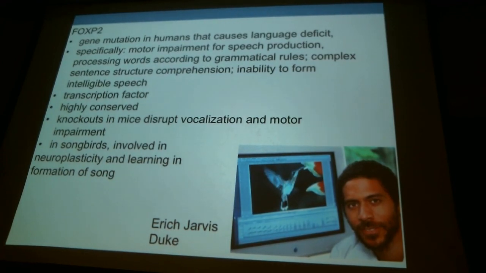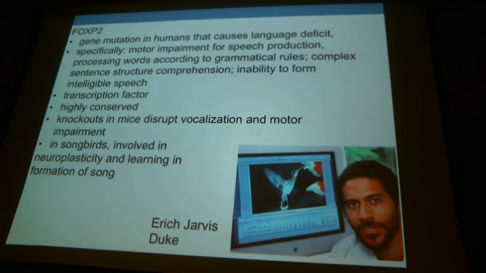A couple of interesting things: if you knock it out in mice, you can disrupt vocalization and cause motor impairment, but you can also find this gene in songbirds. A researcher named Eric Jarvis has led the way. He's been at the forefront of genomics and neuroethology in birds. He's looked at numerous species of birds and has a particular interest in birds that use vocal communication.